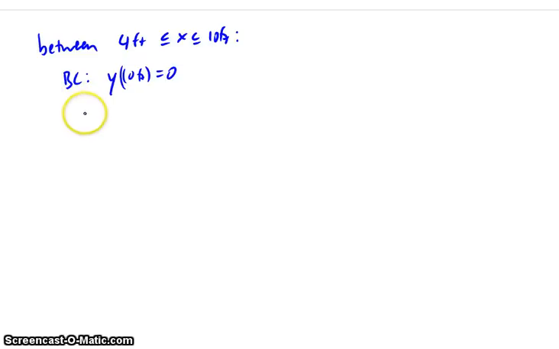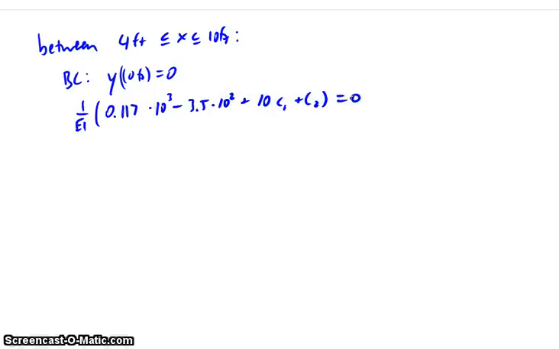If we plug in 10 feet for x and set that equal to 0 with the function that we just solved for at the bottom of the last page, we have 1 over EI times 0.117 times 10 cubed minus 3.5 times 10 squared plus 10 C1 plus C2 equals 0.